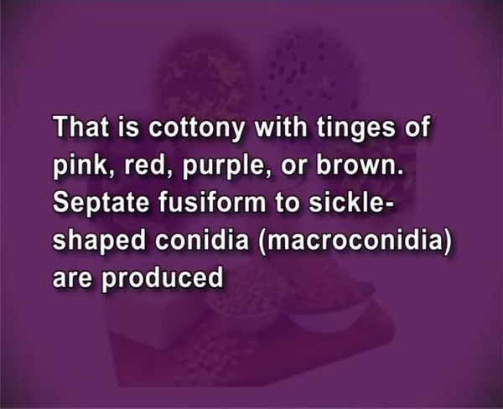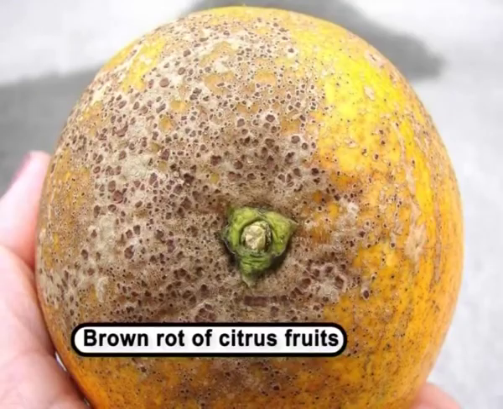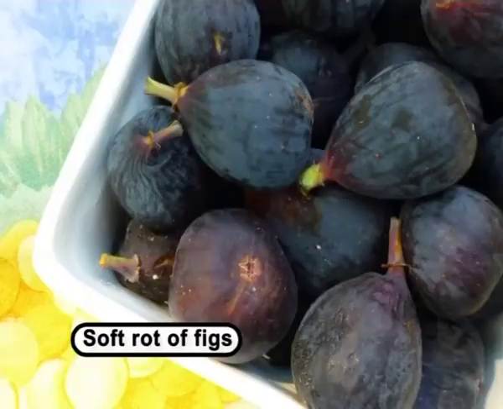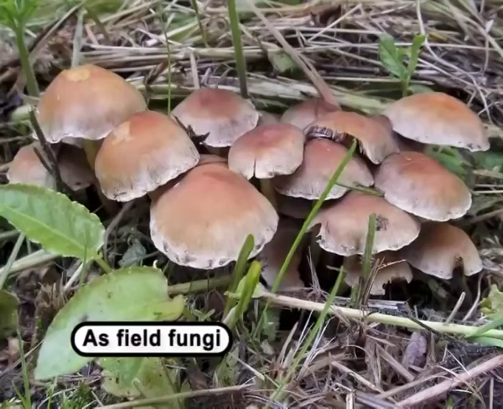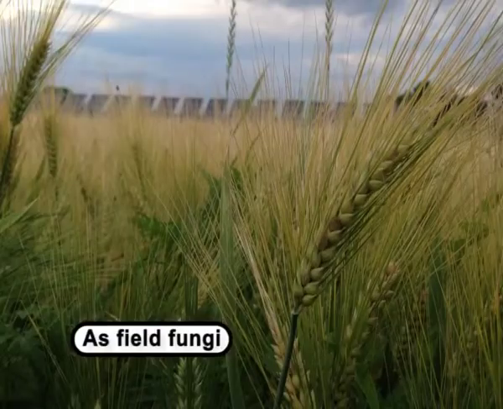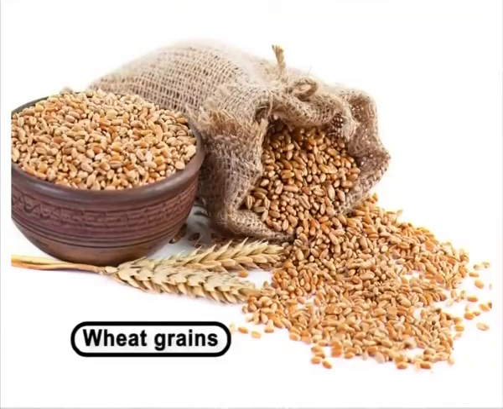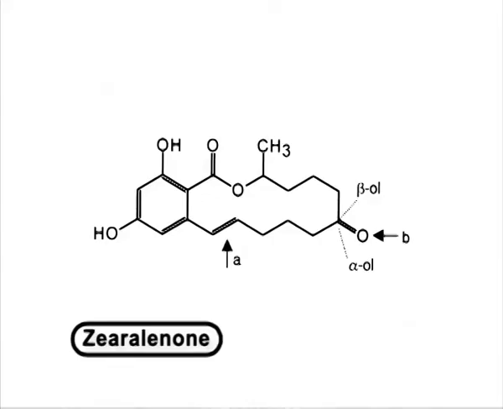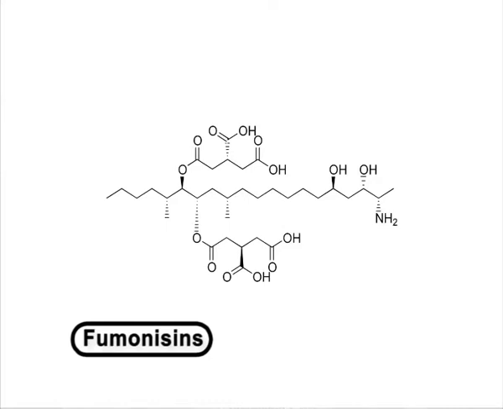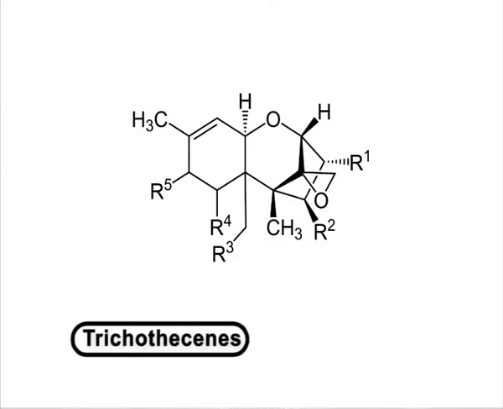Septate fusiform to sickle shaped conidia that are called macroconidia are produced. They cause brown rot of citrus fruits and pineapples and soft rot of the fig. As field fungi, some grow on barley and wheat grains. Some species produce zearalenone, fumonisin and trichothecenes.